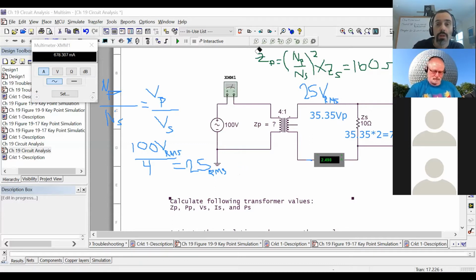Wrong equation. ZP, sorry about that, is equal to, and that's ohms, I'm just using Ohm's law. Yes, voltage over current.